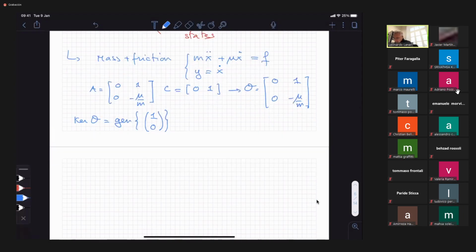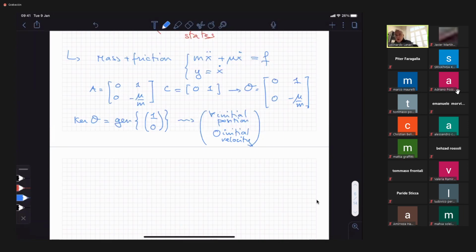In these coordinates, this means whatever initial position, first component, with 0 initial velocity, this is the set of unobservable states.